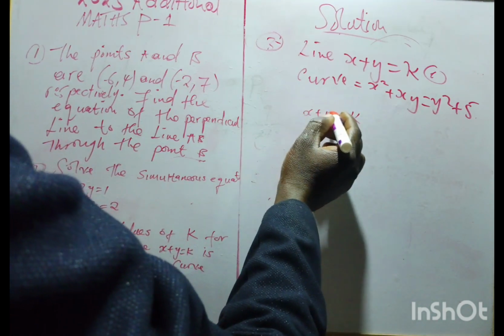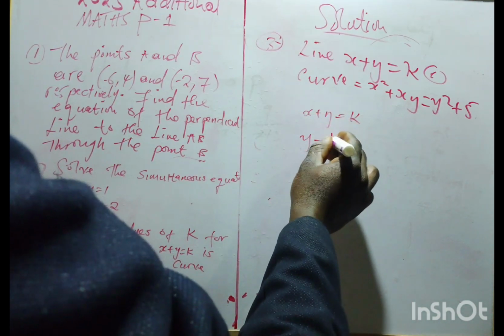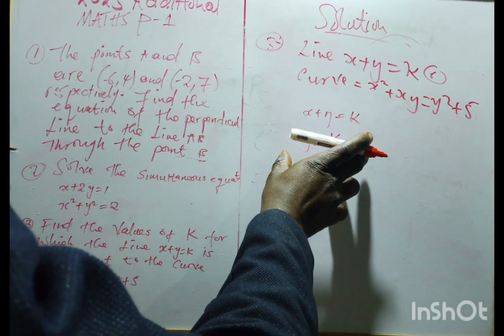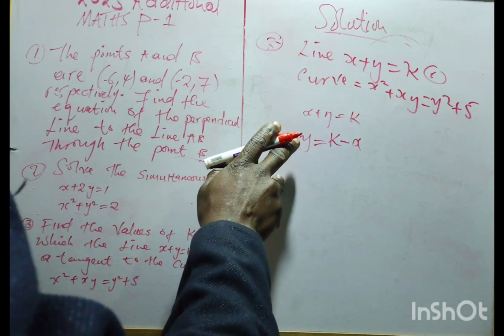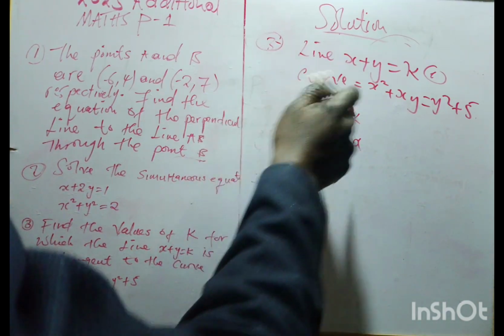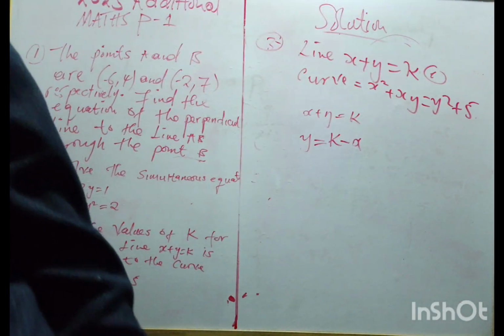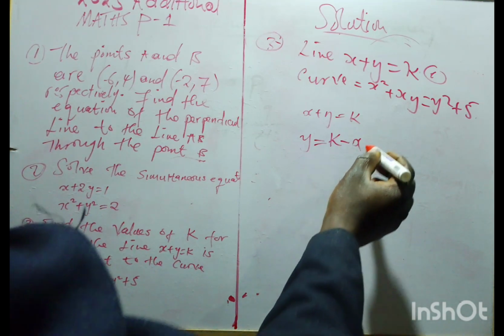So we make y the subject of the formula to be y equals k minus x. So if you reach here, this is the important thing for you to know. You always make y the subject of the formula when you are finding the value of k in whatever case. Okay, so this is equation 1.